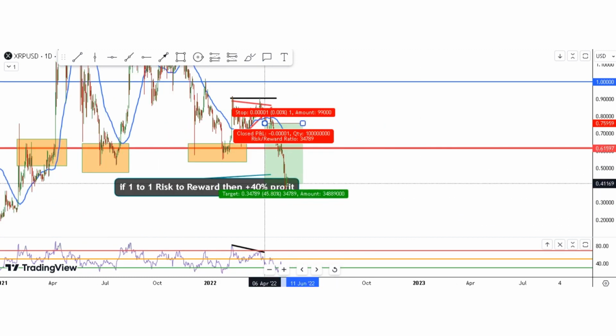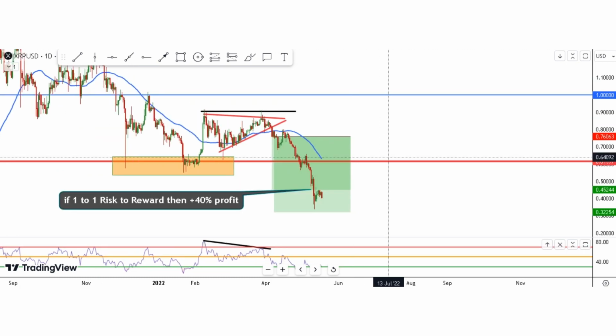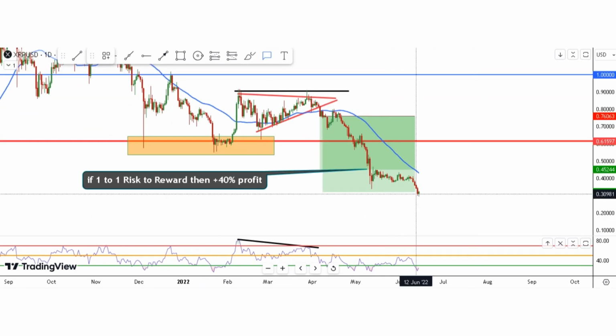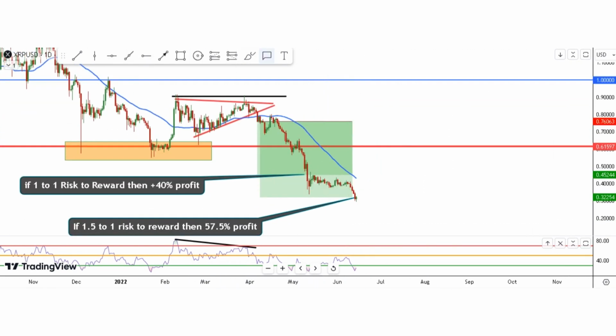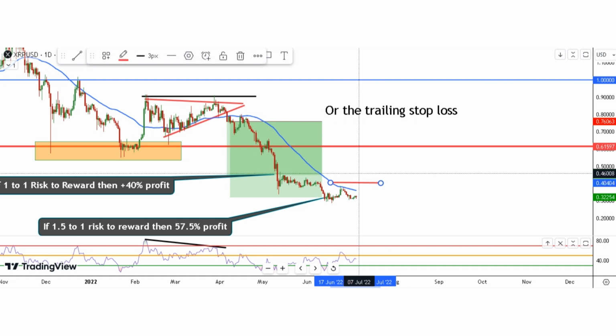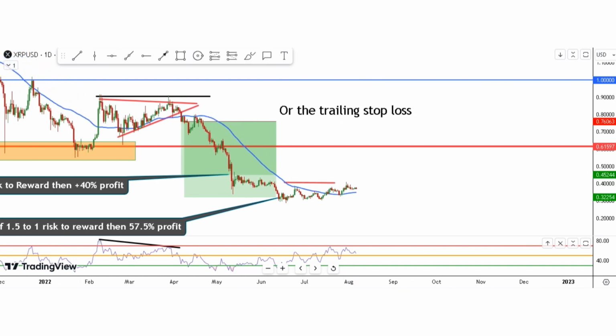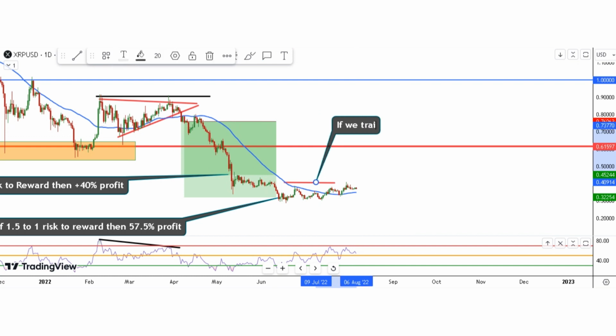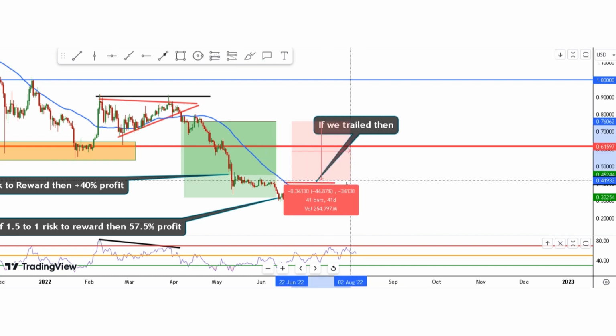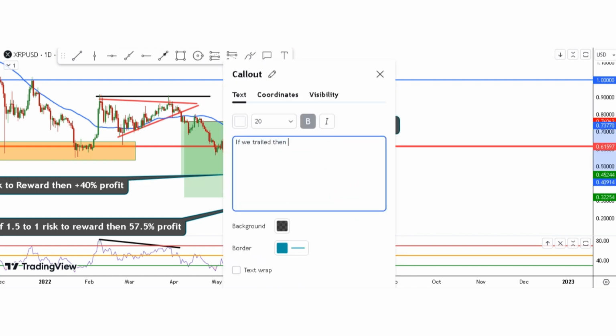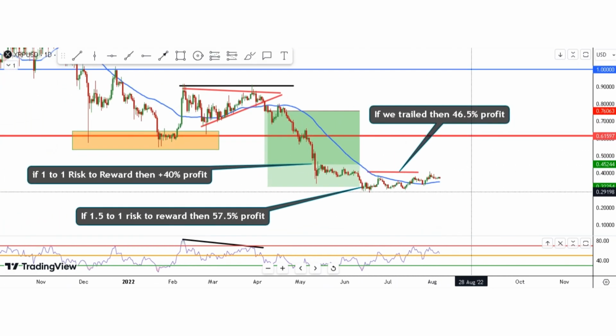We then have several options for the take-profit target. Either stick to a 1-to-1 risk to reward ratio, or go for a 1.5-to-1 ratio, or even the classic way of trailing the stop-loss above the moving average. In all three scenarios, the trade yields a profit, ranging from 40% to 60% depending on the chosen risk to reward ratio or trailing strategy.